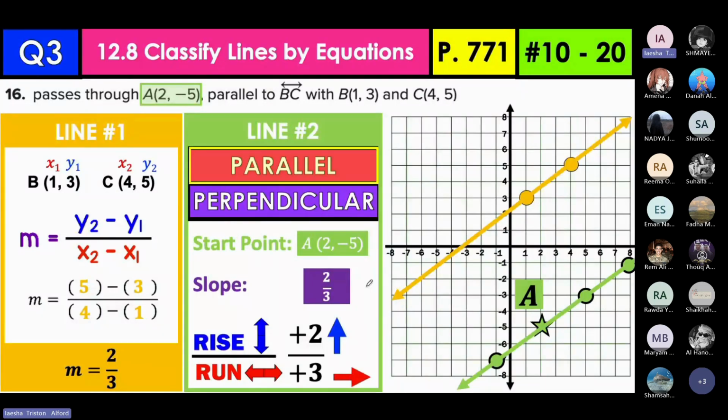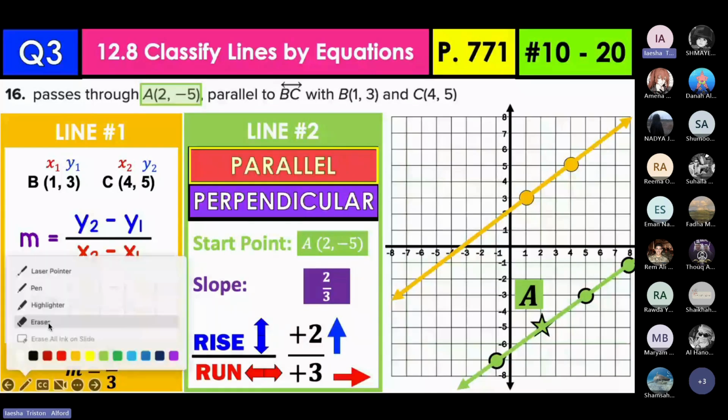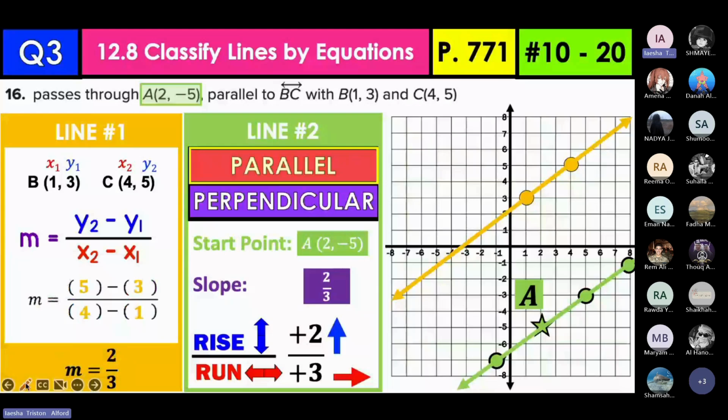So what's the first thing you have to do? You have to see what the slope of the line they give you is. How do you know which line they give you? Because they have 2 points here. Miss, the yellow line, how did you find the points? It's in the writing. It says the yellow line, BC.